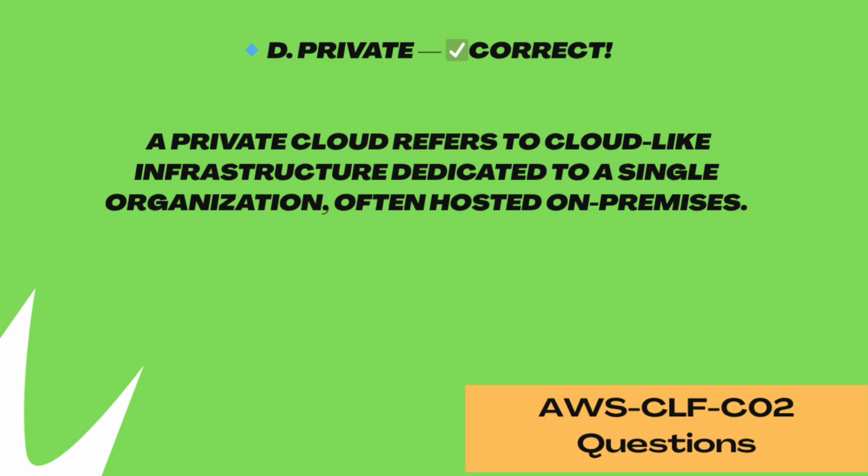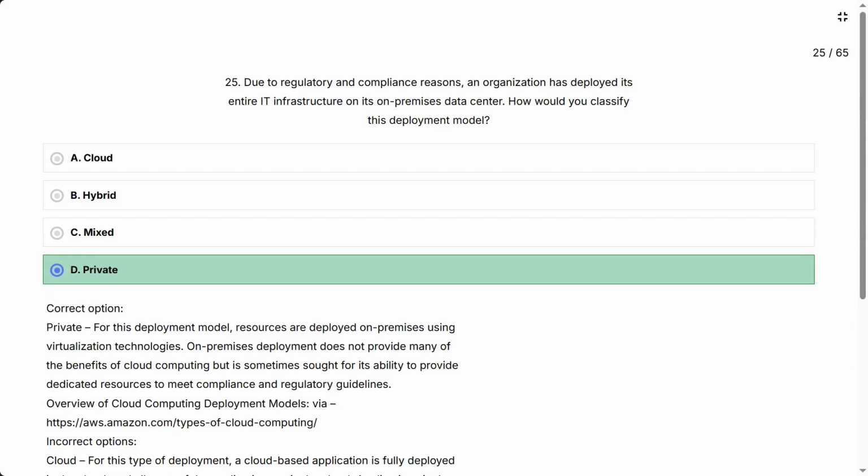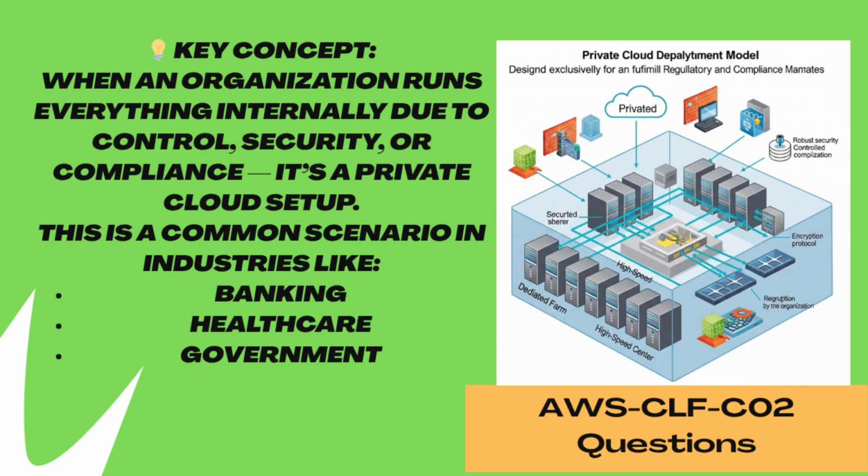Hence, the correct answer is D. Now, the key concept for this question is that when an organization runs everything internally due to control, security, or compliance, it's a private cloud setup. This is a common scenario in industries like banking, healthcare, and government.